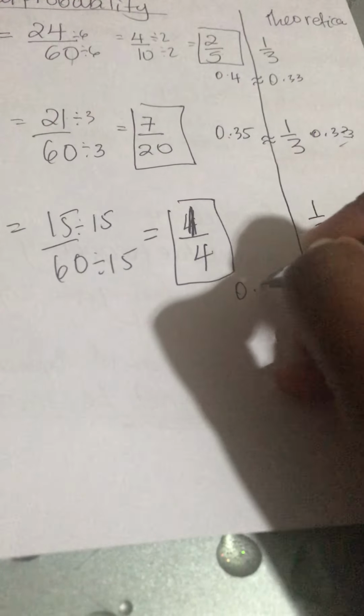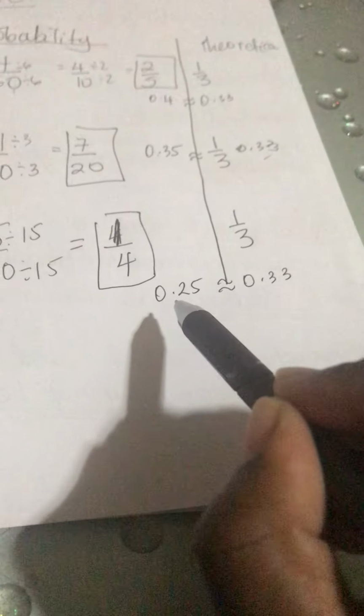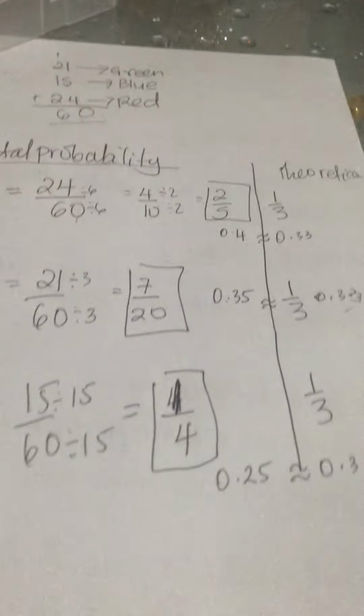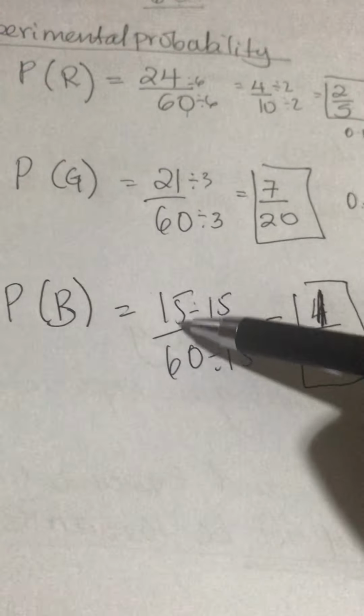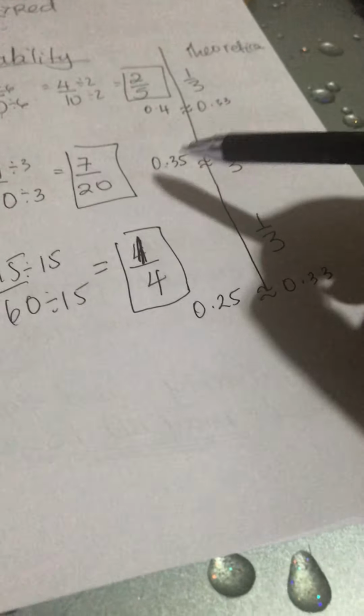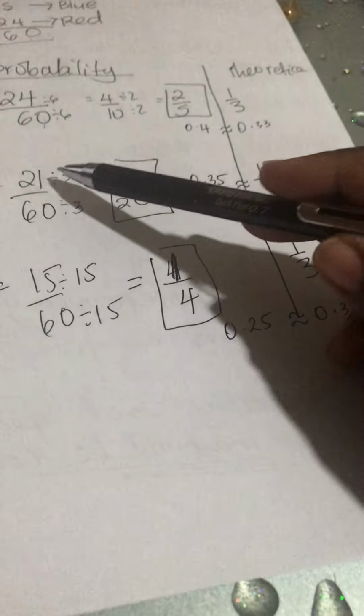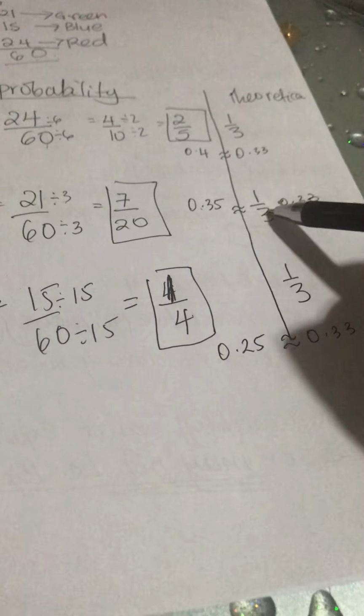This is 0.25 and 0.33, like that. This is a little bit on the left side, okay? Because I got less reds. Less blues. You see that? The more you get, the closer you are to the theoretical.